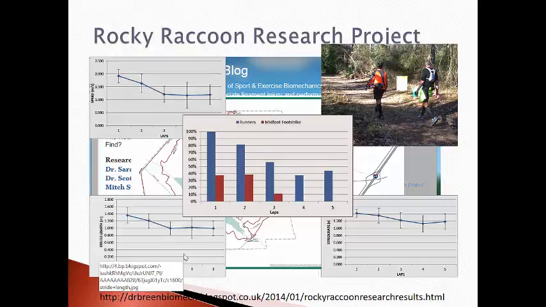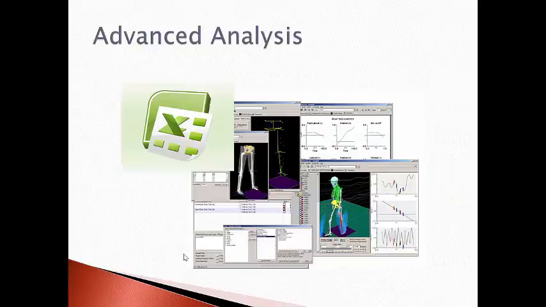This dropped to 80, 55 and around 30% by laps 4 and 5. Again, in red we can see the number or percentage of participants with a mid-foot strike. So in laps 1 and 2, we can see any of our runners that were running had 30% or 1 in 3 of them were landing on the midfoot. The rest were landing on their heels. And this dropped dramatically in laps 3, 4, and 5.